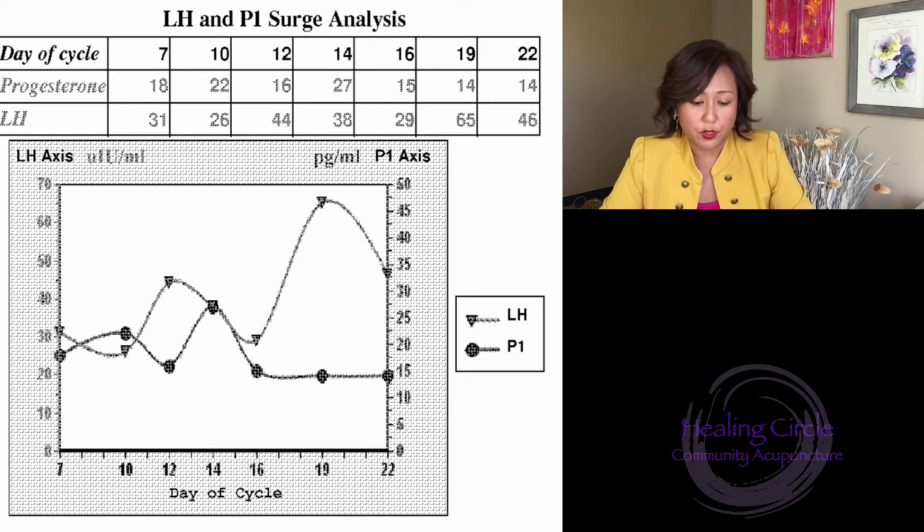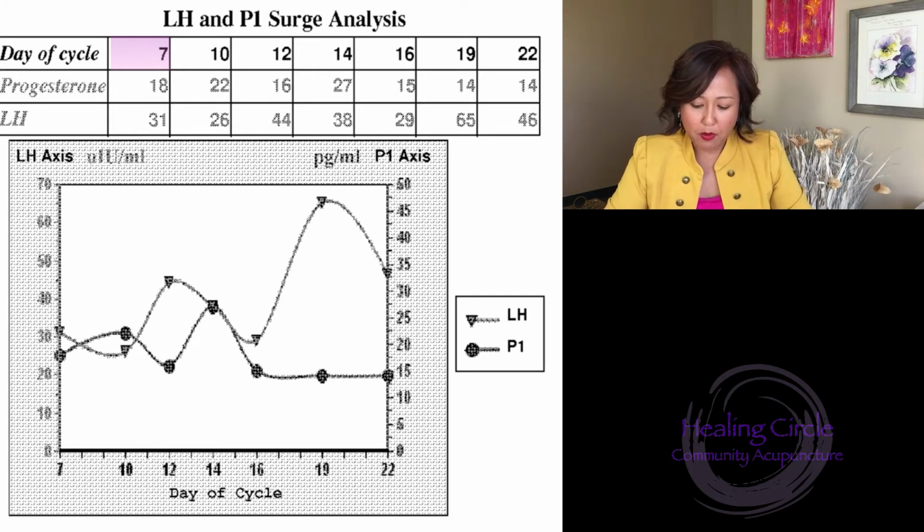PI means the progesterone. So if you look at the very first box of the table, let's say around cycle day number 7, the LH number for this patient was 31. That's kind of good because I do want the number to be close to 30, and 31 is close to 30.